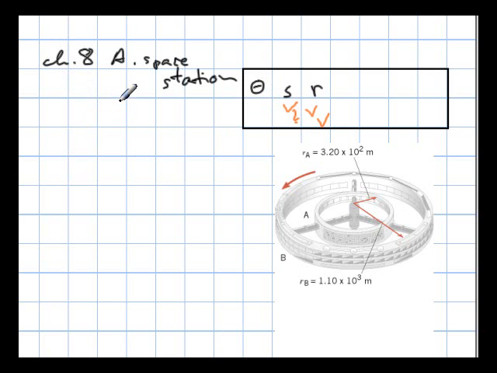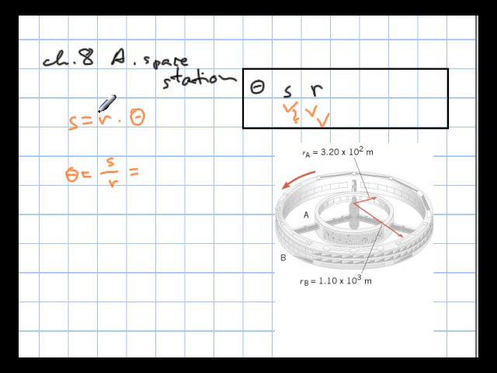So the equation I'm going to use is arc length equals radius times angle. When I plug this in, just one algebra step, theta equals arc length S divided by radius.